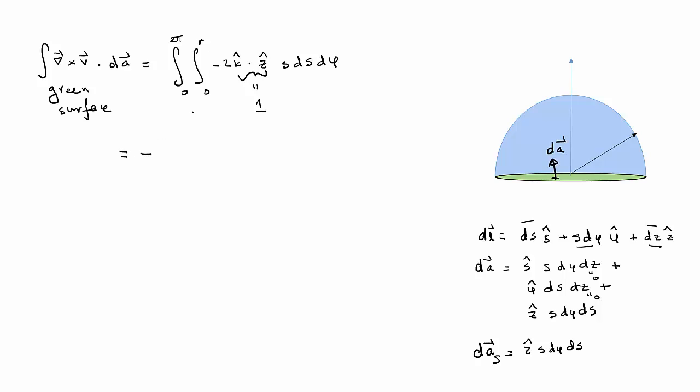So I would get minus 2. I can bring it out. Let me go quickly, this is fairly simple. Let me do the phi integral. It's another 2 pi. And this is 0 to r, s ds, well, that's minus 4 pi, s squared over 2 from 0 to r.